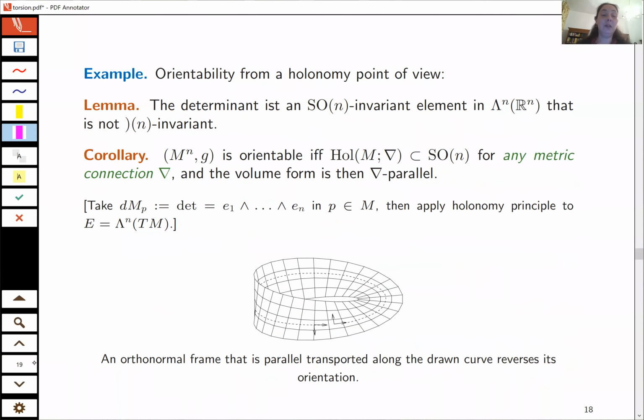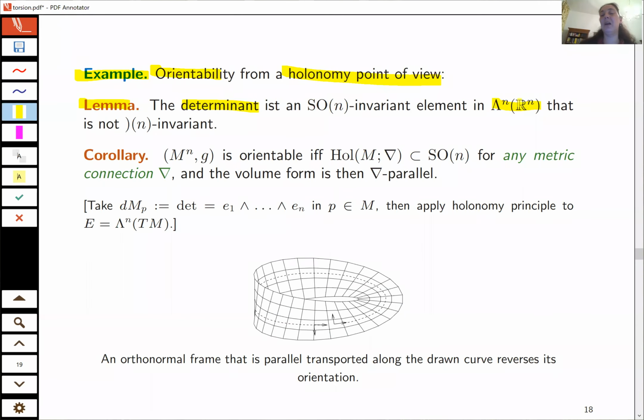Okay, so the general holonomy principle is the same, of course, in all situations, but in practice, it differs. I brought you a slide from my differential geometry course. I just decided not to delete it. So we can give the question whether a manifold is orientable a holonomy point of view. Normally, we don't think of orientability as being a holonomy property. For the following reason: if we look at the space of n-forms on R^n, then the determinant is an element.